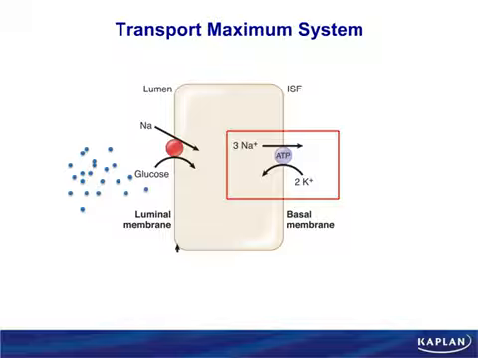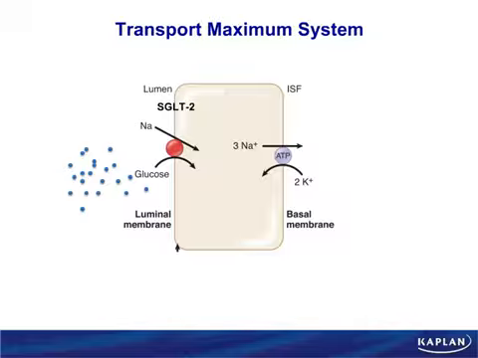That sets up an electrochemical gradient for sodium. Then you have the SGLT2 channels, which stand for sodium glucose co-transporter. These co-transporters will co-transport sodium and glucose.